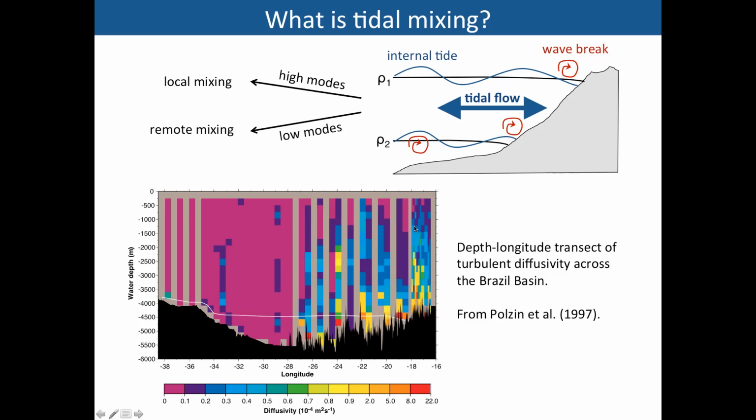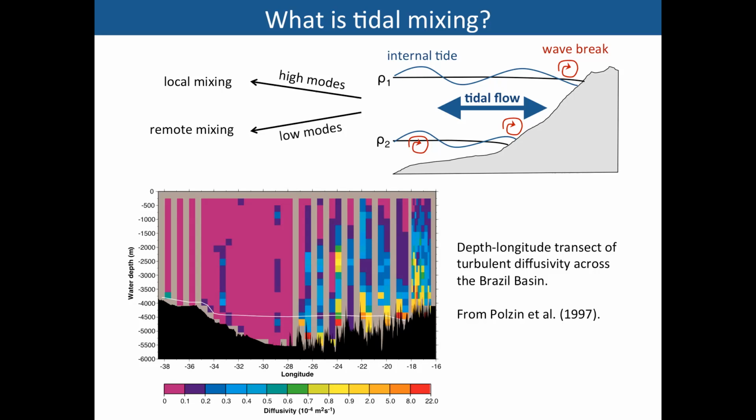At the bottom here, you have a transect of diffusivity from Polzin and colleagues, 1997, that illustrates these two types of mixing. You're looking at diffusivity in centimeters squared per second along this transect from, say, the coast of Brazil, down the continental slope, and then up the mid-Atlantic ridge here. And the elevated diffusivities above the rough topography of the mid-Atlantic ridge, we know they are due to locally generated high mode internal tides.